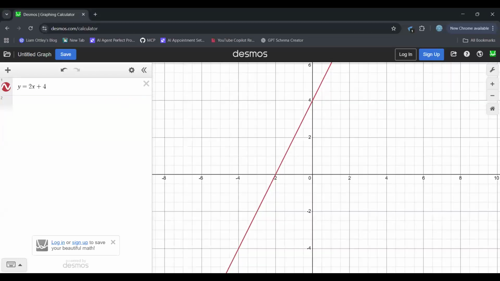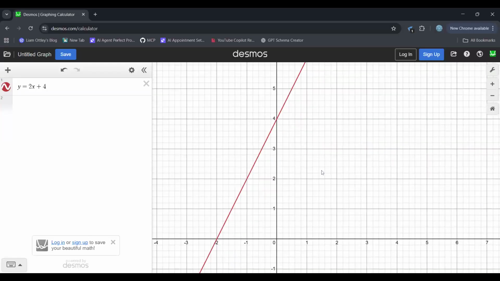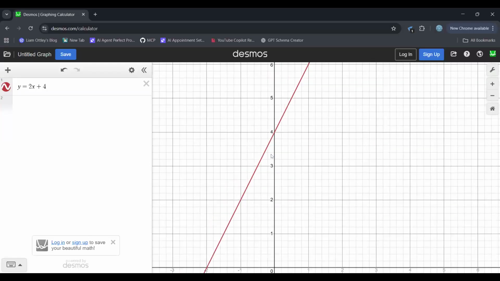So we can see that the 4 value, so 2x plus 4, is where the line goes through the y-axis. So this number, the 4, is called the y-intercept, okay? So that's the point where the line crosses the y-axis.